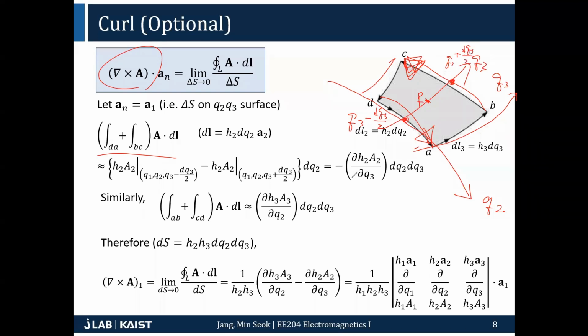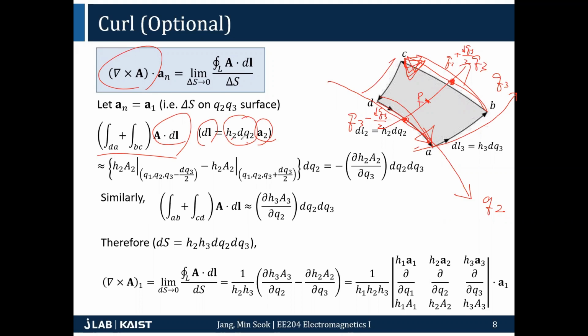These two points are separated by DQ3, and then here you perform A·dl, and dl here, because these line segments are aligned with the A2 coordinate axis, is again H2 DQ2, right?